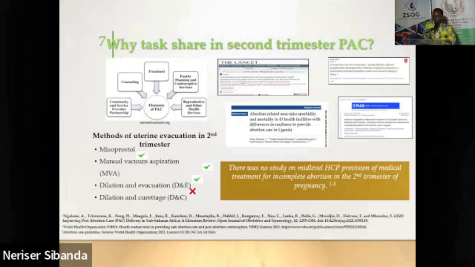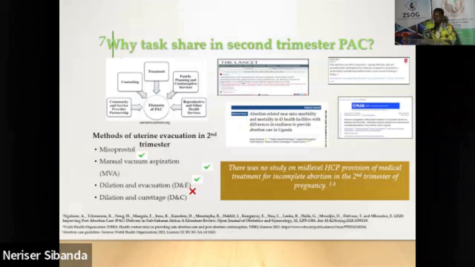So in the second trimester, what's recommended for treatment of incomplete abortion, we can actually use misoprostol, manual vacuum aspiration, dilation and evacuation. And the last one that you see there, B and C, is actually not recommended, although I know it's a practice that most of us still do up to now.